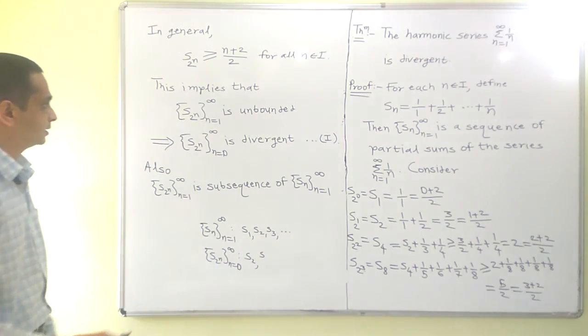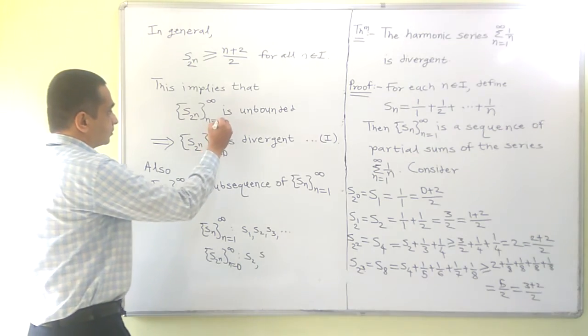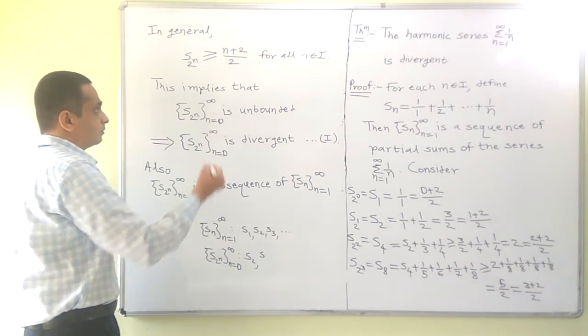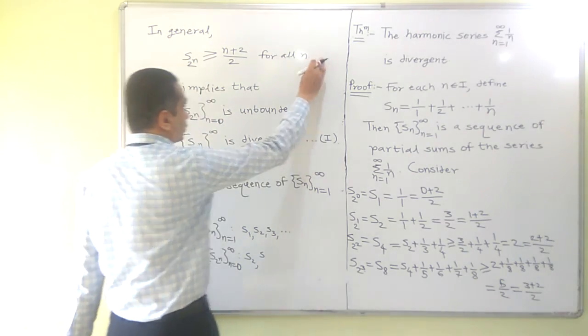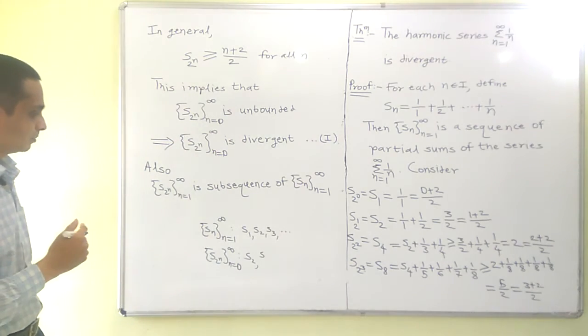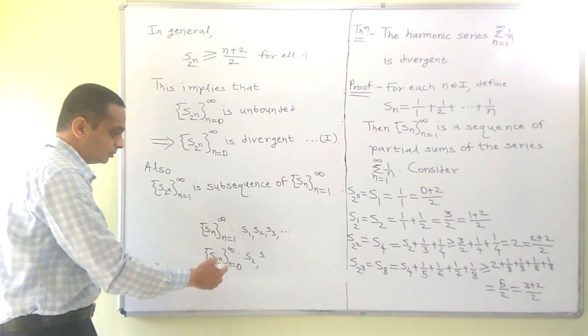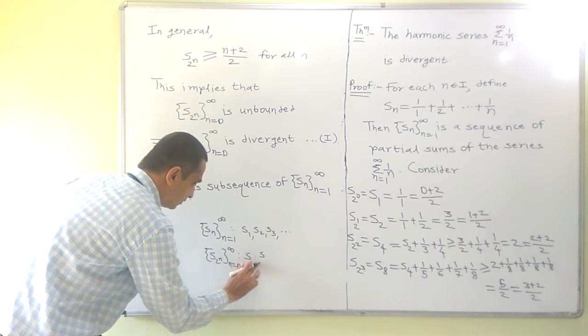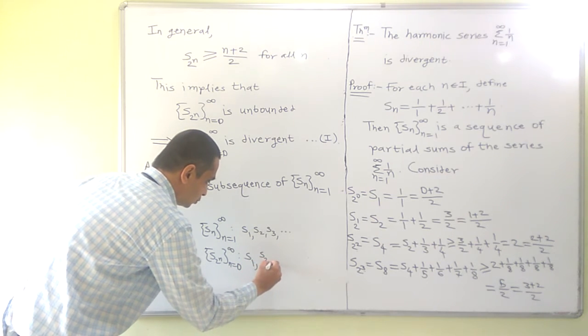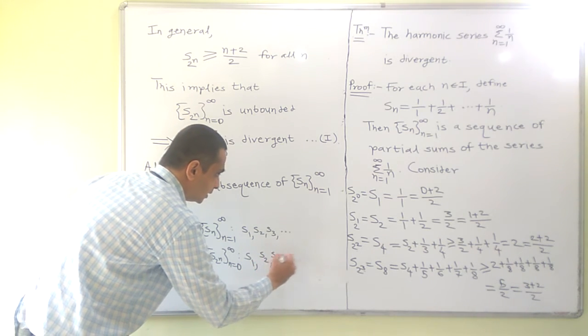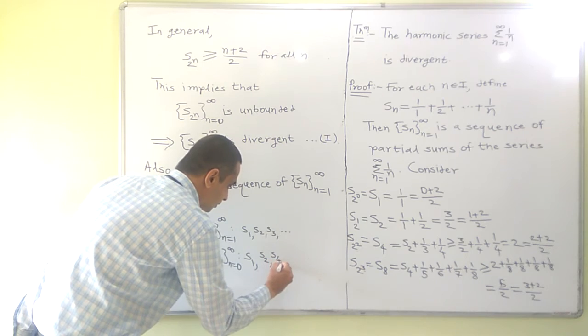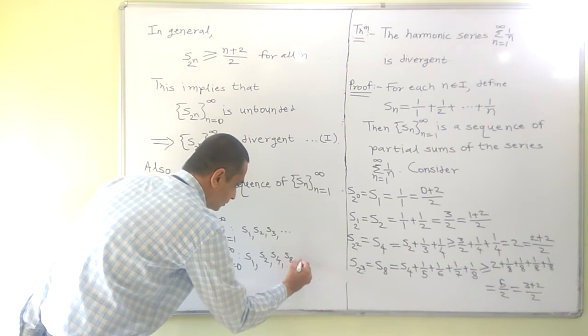No trouble in writing that. For all n, or for all n greater or equal to 0, that won't matter. So if I take 0, the terms will be S1, S2, then S4, S8 and so on.